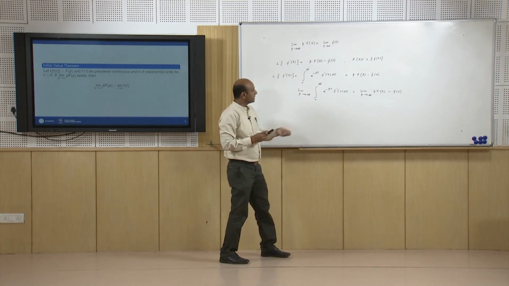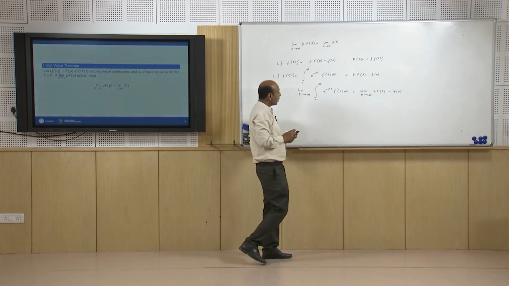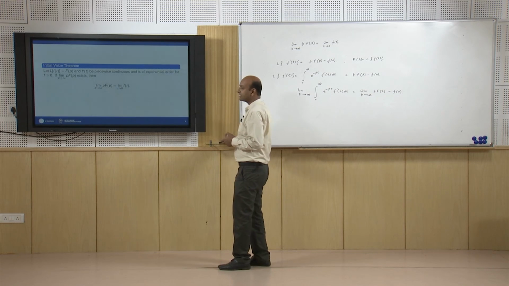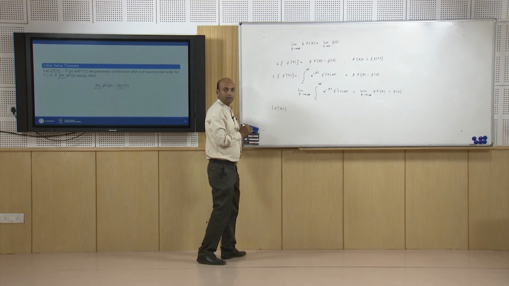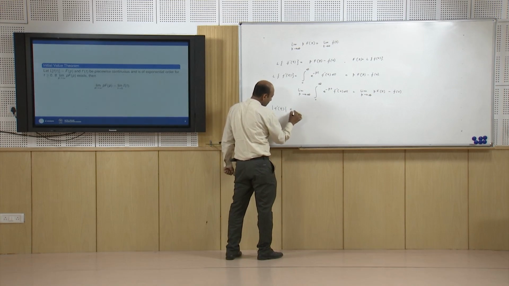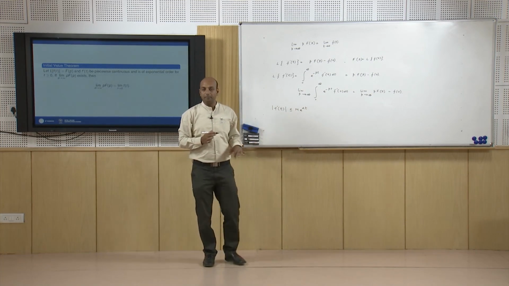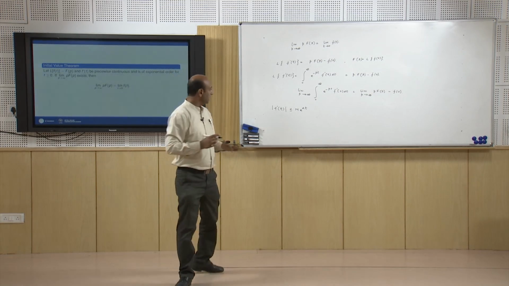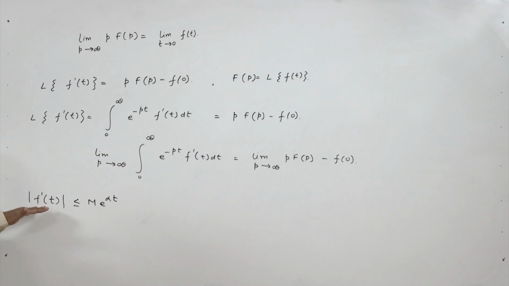Now, let us compute this part. f'(t) is of exponential order and is piecewise continuous. So, there will exist some M and alpha such that the modulus of f'(t) is less than or equal to M times e to the power alpha t, since it is of exponential order alpha.